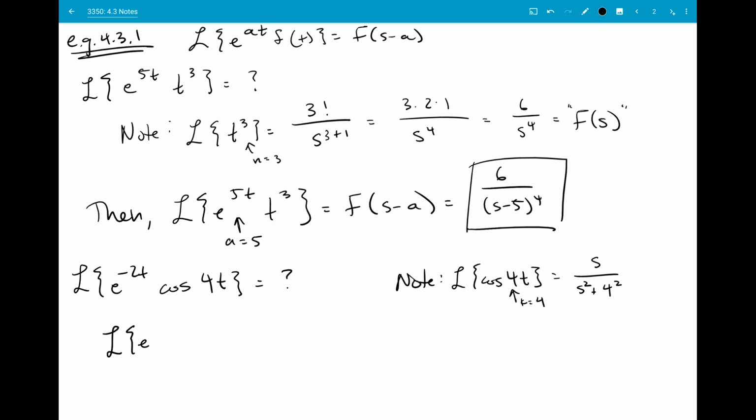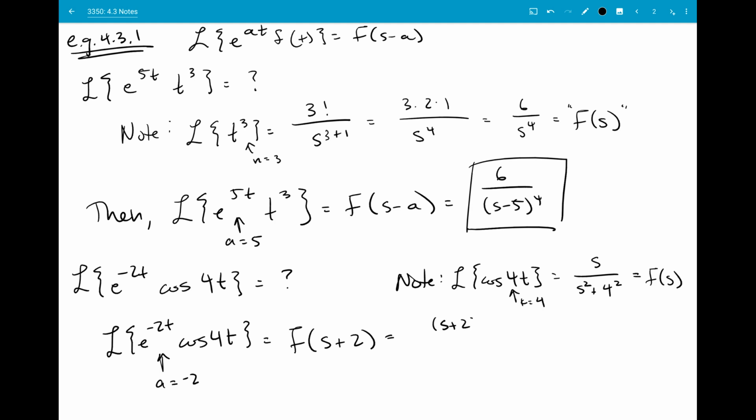So then L of e to the minus 2t cosine 4t has a equal to minus 2. So that's going to be f of s plus 2, s minus minus 2. And so that's going to give us where we just replace s here in our f of s with s plus 2.